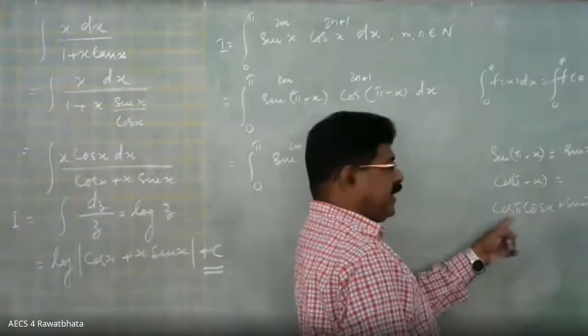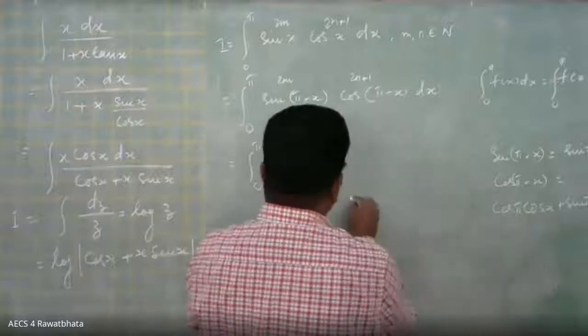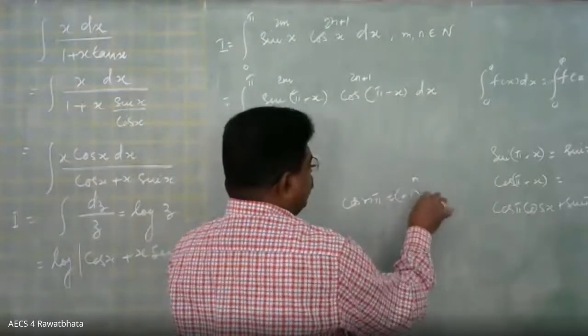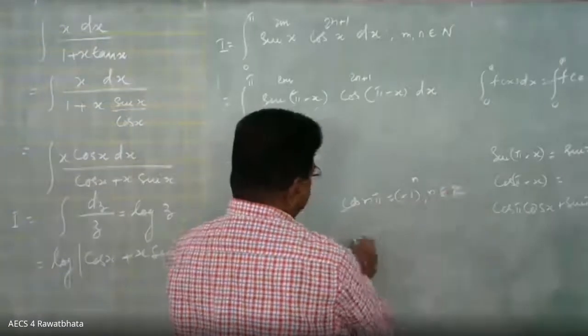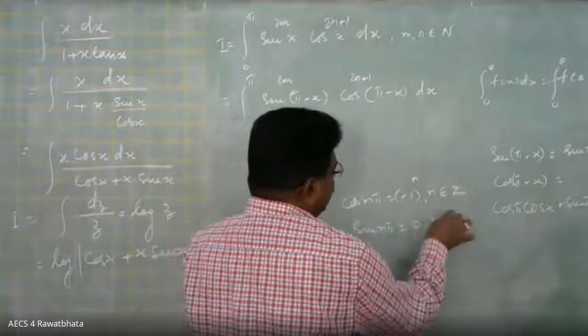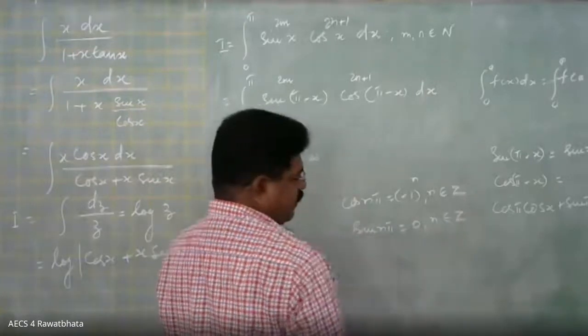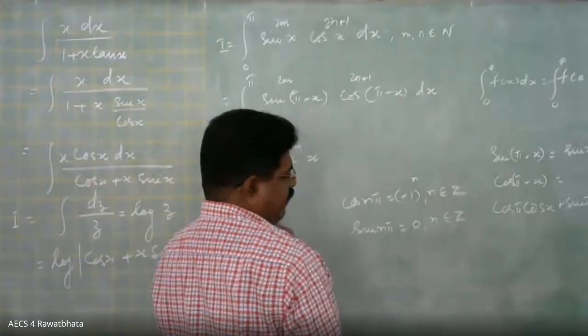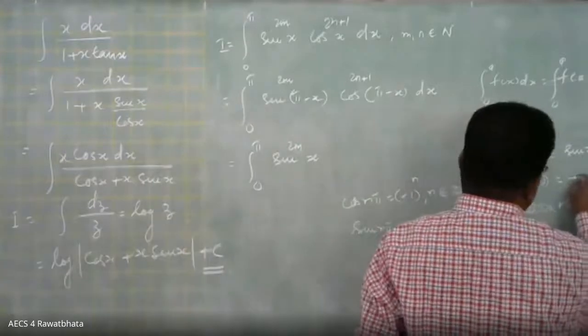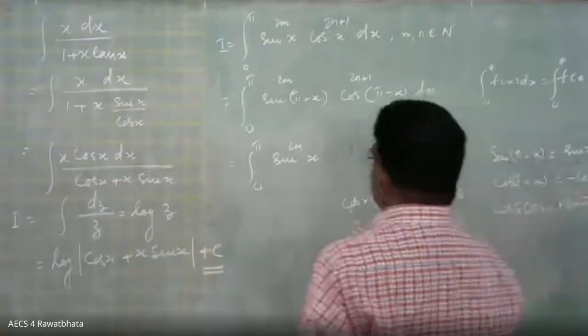Cos pi is minus 1, already I taught you: cos n pi is minus 1 whole to the power n, n belongs to Z, and sin n pi is equal to 0. So it is minus cos x, very good.